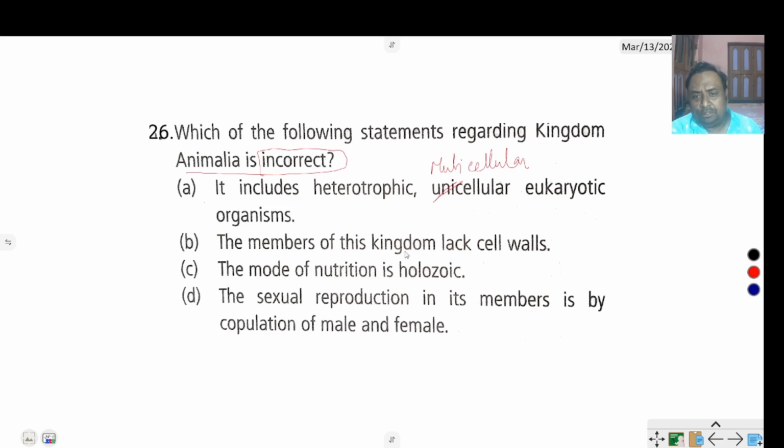The members of this kingdom lack a cell wall. The mode of nutrition is holozoic, which means the organism takes food in solid form. Sexual reproduction is by copulation of male and female, definitely true. So here the incorrect option is A.